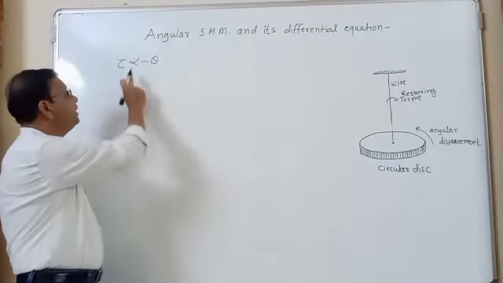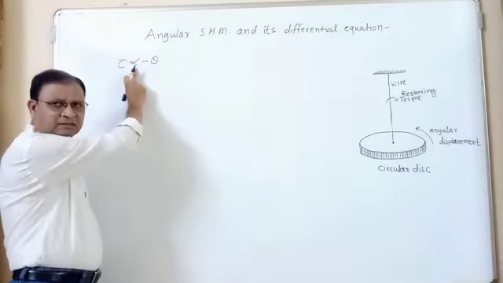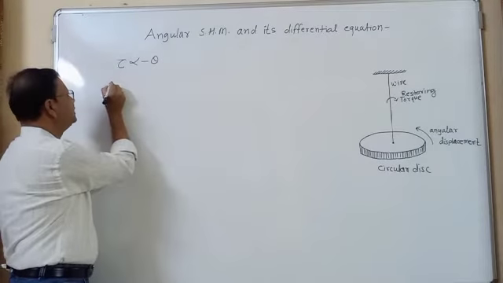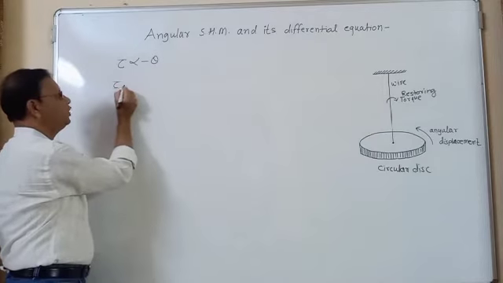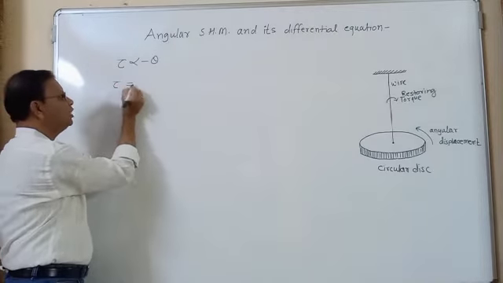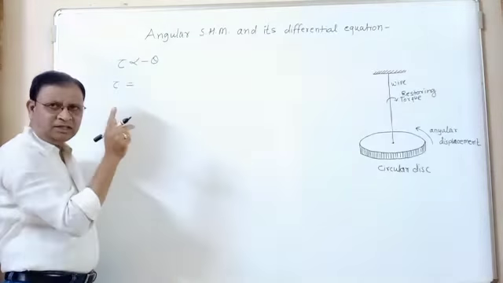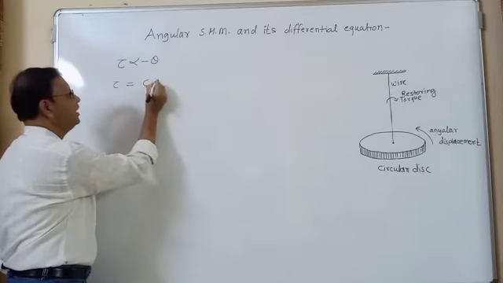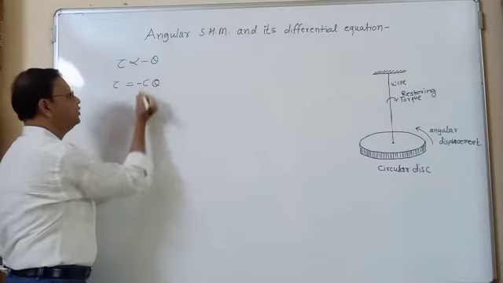Now we have to replace this proportionality sign with an equality sign. While taking the equality sign, we can write the restoring torque tau is equal to the proportionality constant, say C, times theta with a negative sign.